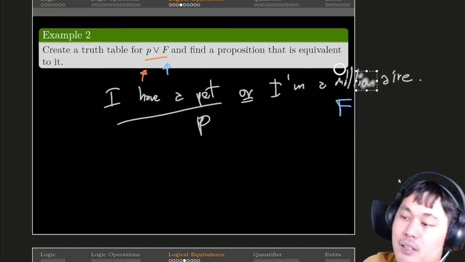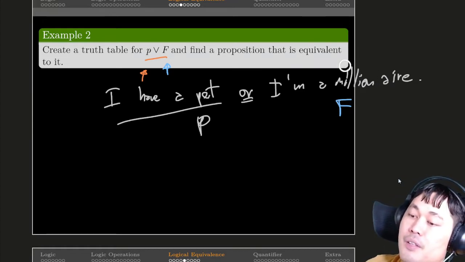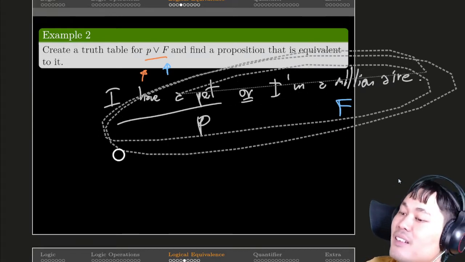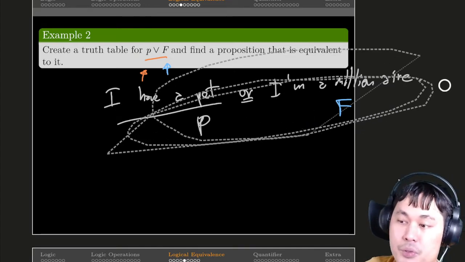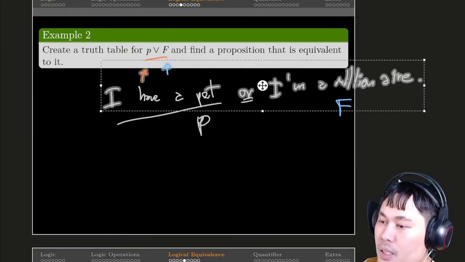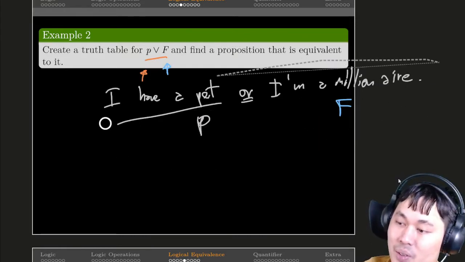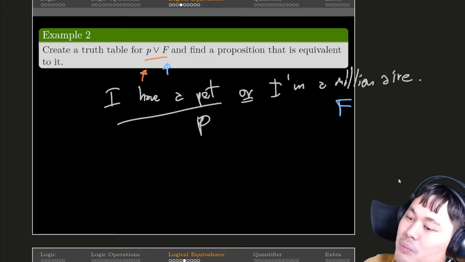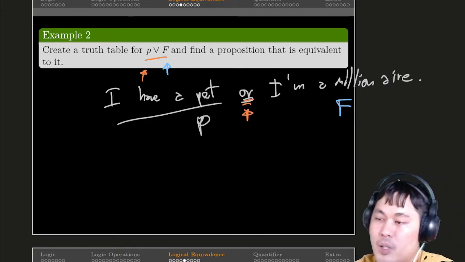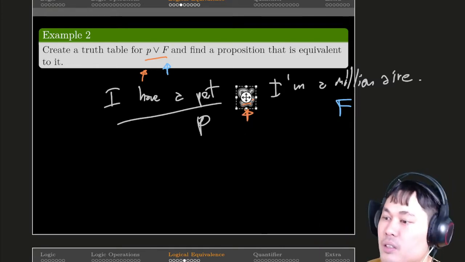In this case, it's clearly false. If I say this sentence, would you say that my statement is true or false? Like this whole statement. Even though it seems like part of it is false, it doesn't mean that the whole thing is false. We have to consider the proposition or consider the disjunction.